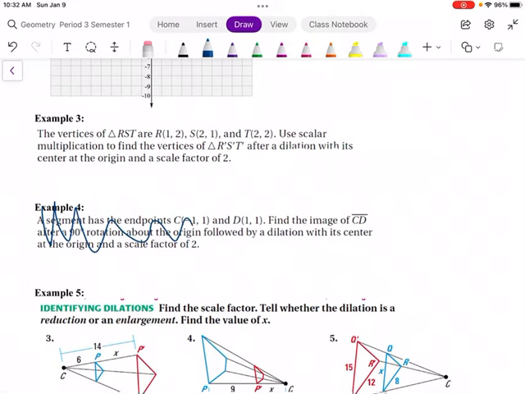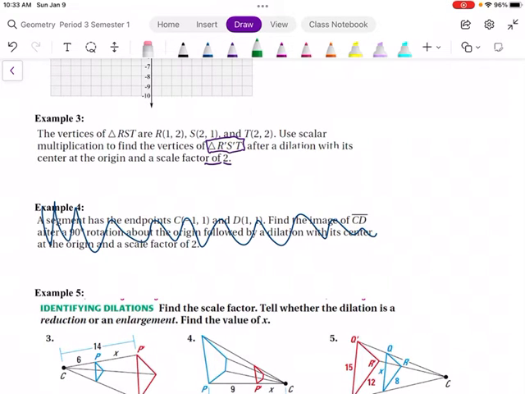We are going to skip example 4, but we're going to go ahead and do example 3. The vertices of triangle RST are 1, 2, 2, 1, and then 2, 2. We are going to find the coordinate points of the dilation if it has a scale factor, again, of 2.